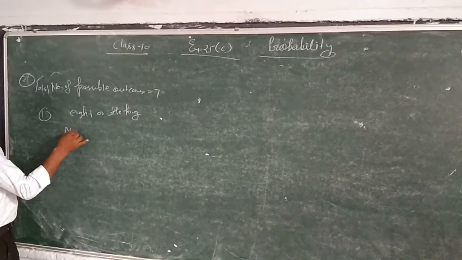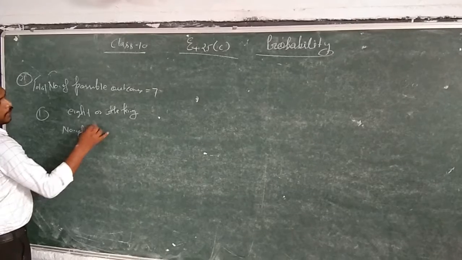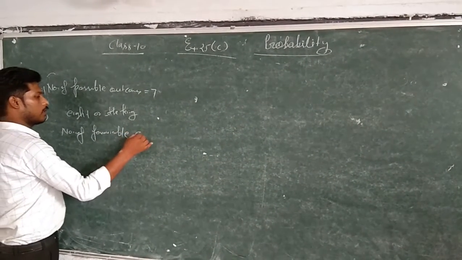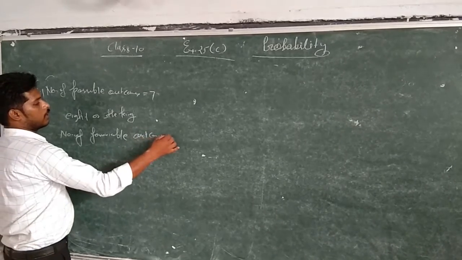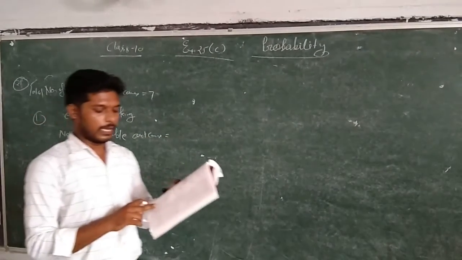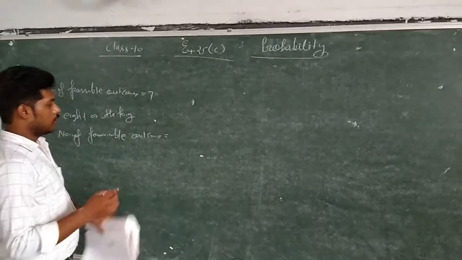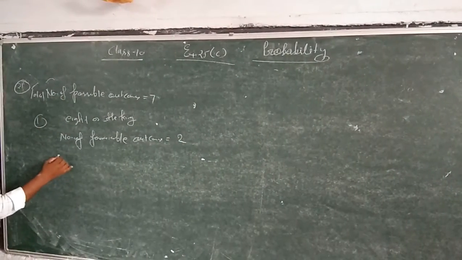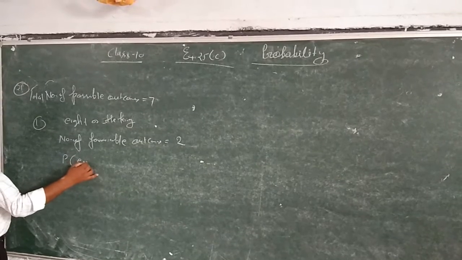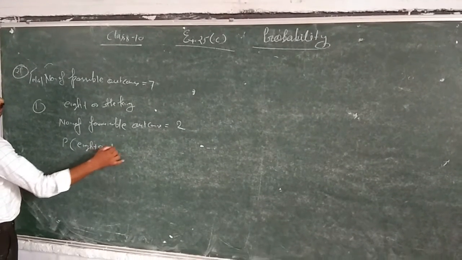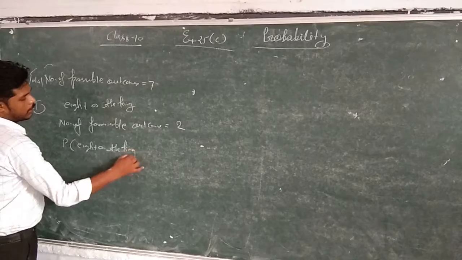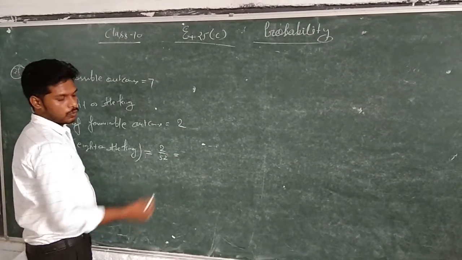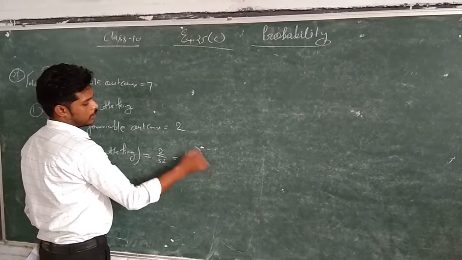So if we talk about favorable outcomes, he has given diamonds, the 8 of diamonds and the king of diamonds, it means only 2. So P(8 or the king) is equal to 2 upon 52, which is equal to 1 upon 26.